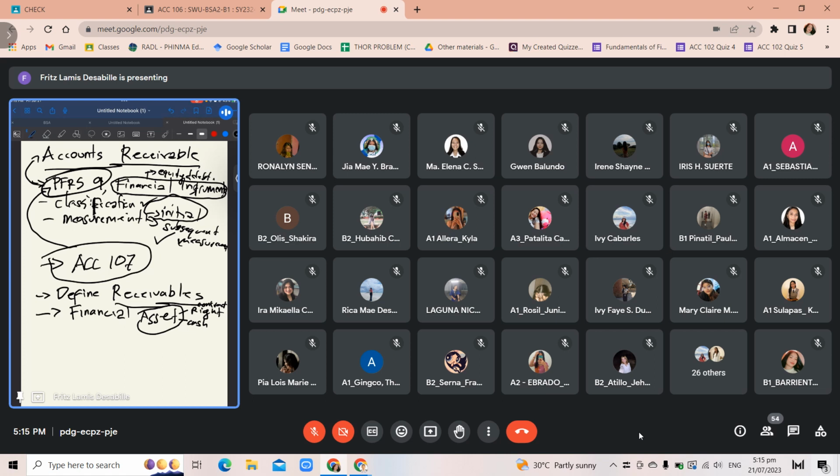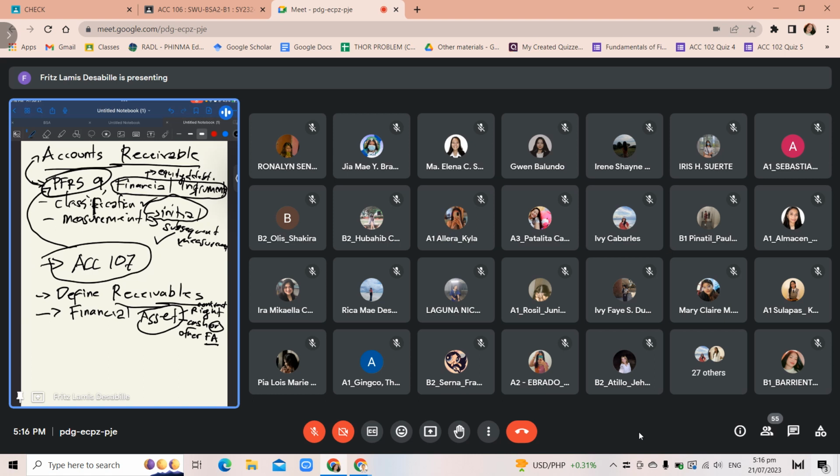Contractual right to receive cash or other financial assets. FA here, guys, is financial assets. So not only do you have the right to receive cash, you may also have the right to receive other financial assets. Okay.